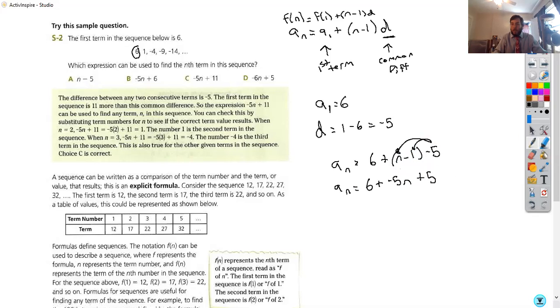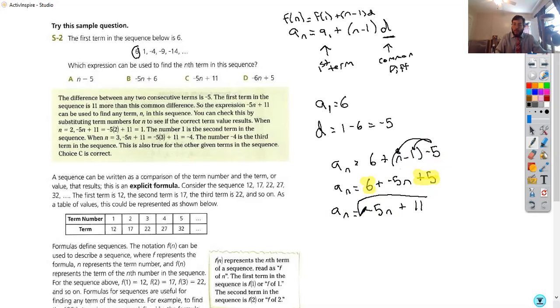Now we can go through and collect our like terms. So our only like terms here are our positive 5 and our positive 6. So we can simplify those and we'll be left with a_n = −5n, then 5 and 6, when you add them together, gives us positive 11.